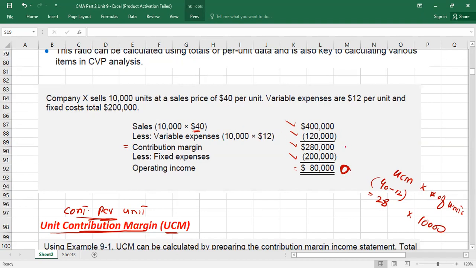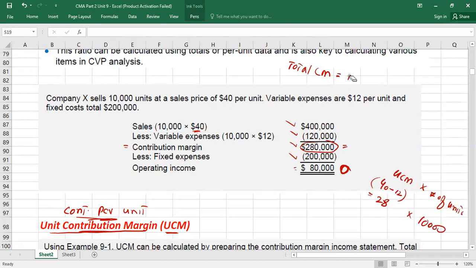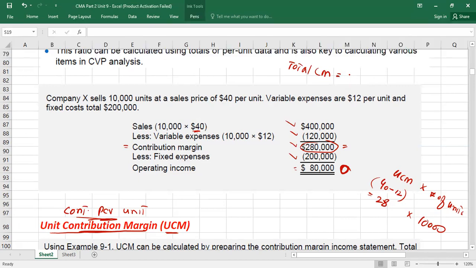Number one, the first scenario: if your total contribution margin, which is 280,000, is equal to the total fixed cost, then profit and loss will be zero.